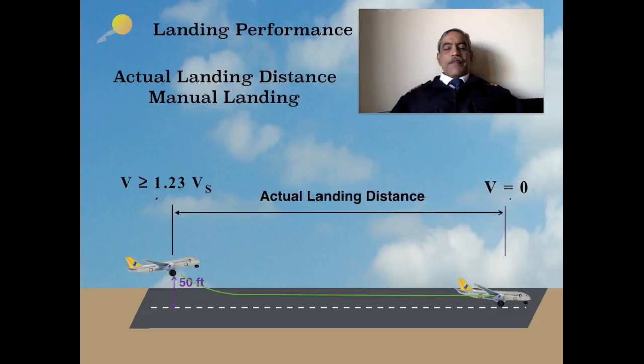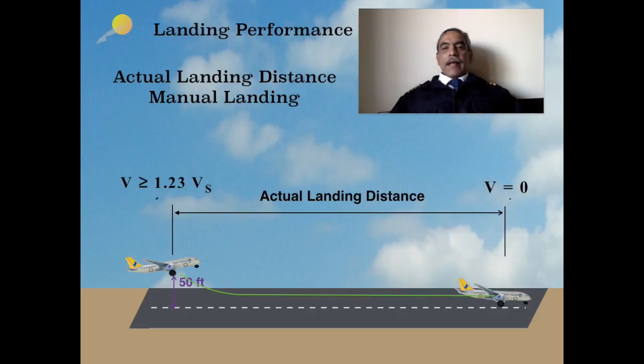Okay, having defined the various requirements, now I've just shown this pictorially. Now, aircraft has made a steady approach and configured in the landing configuration, that is the slats, flaps, and the gear, and crossed the threshold at 50 feet with a speed which is greater than or equal to 1.23 Vs, and carried out a reasonable touchdown, and aircraft came to a complete halt with V equal to 0.